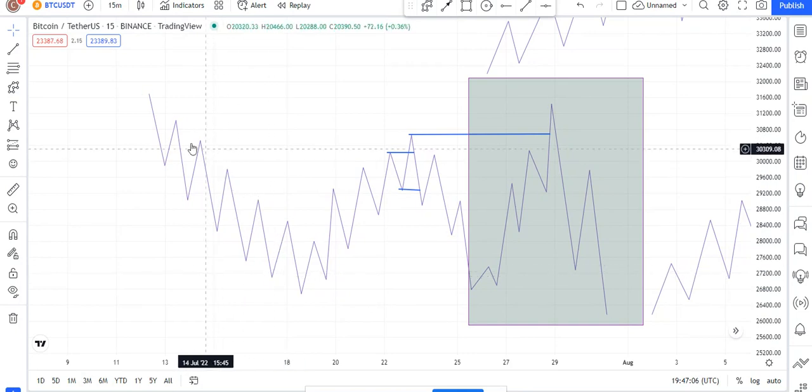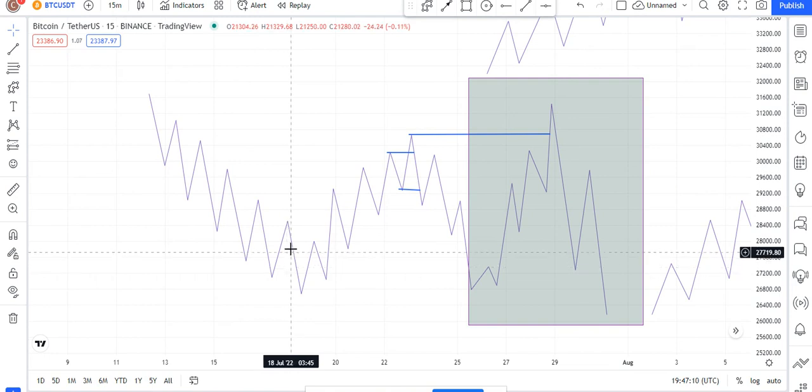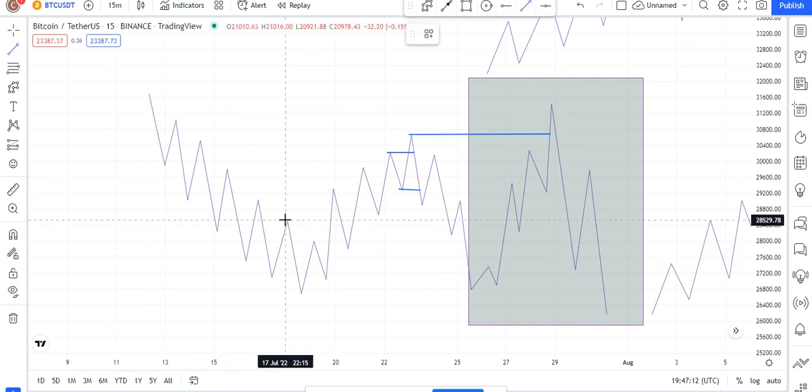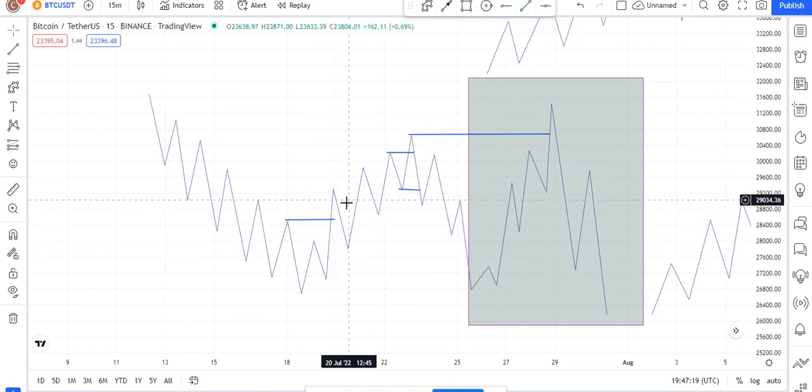Is the downtrend not a reversal? Okay, yes, that's a reversal as well. It is a reversal.